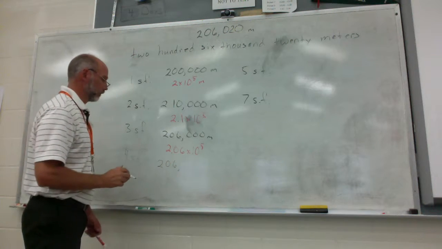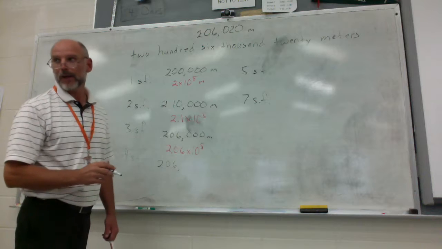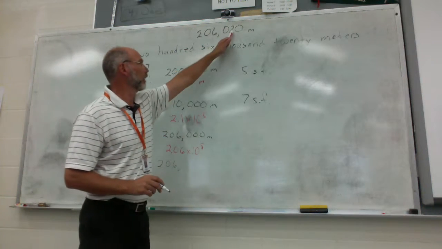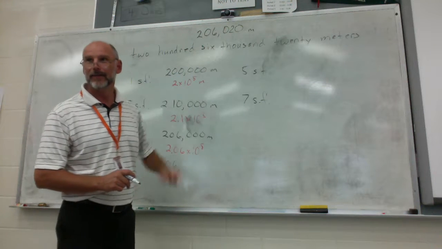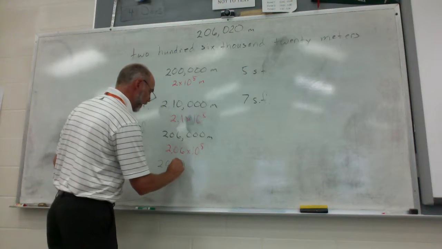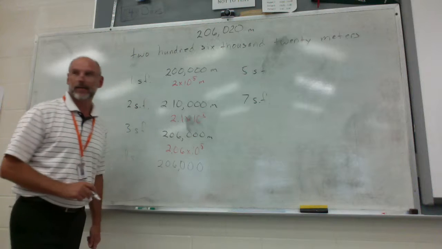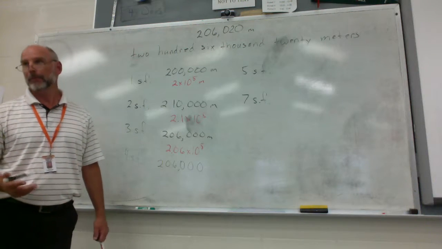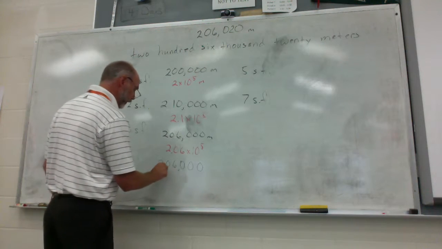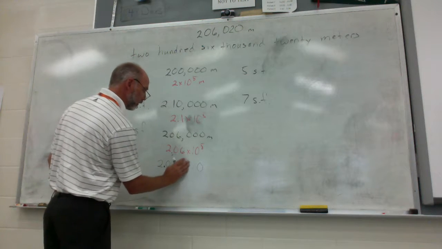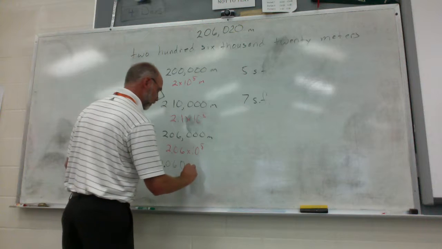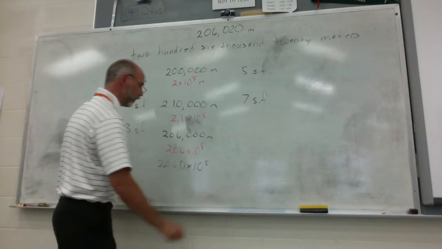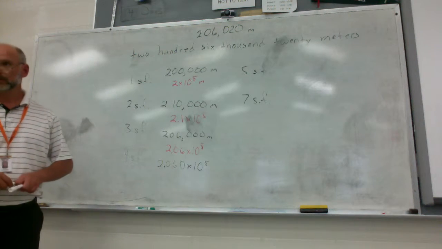Well, we have a dilemma here. That 2 is not going to cause us to round this up to a 1. Go ahead, Megan. So 2.06 times 10 to the 5th. That would be the best way to do it.